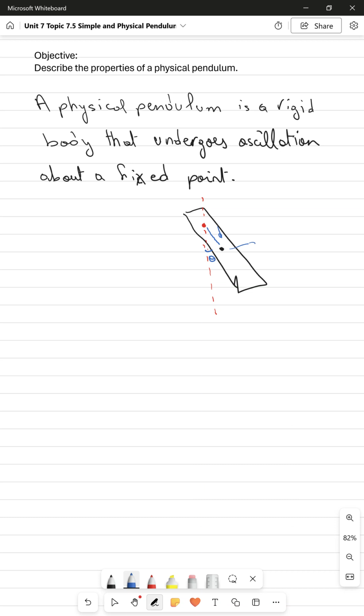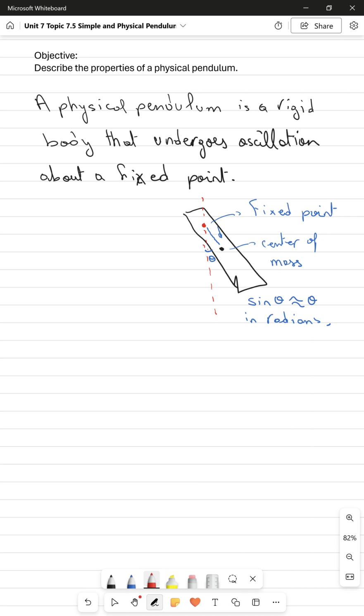And we said this is the center of mass, and this is going to be the fixed point. Now, again here for theta, we are going to say that sine of theta is going to be equal to theta in radians, for small angle approximations.